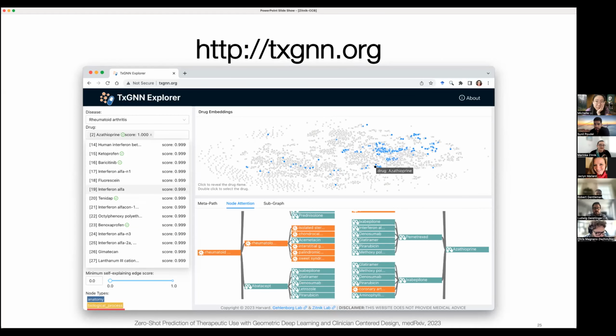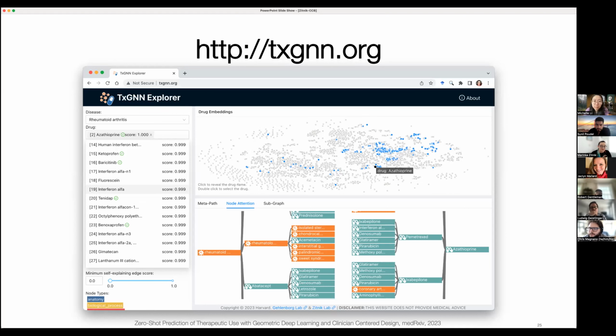So to summarize, this model, that is trained on the entire data set across 17,000 diseases, is now publicly available at txgnn.org. You're more than invited to try it out.